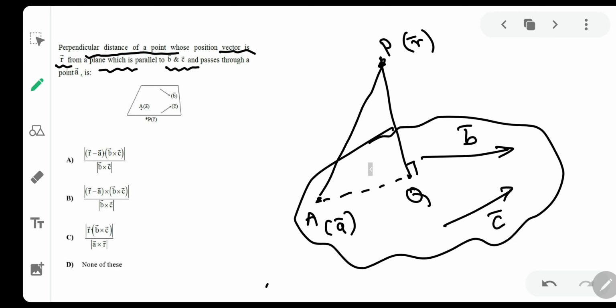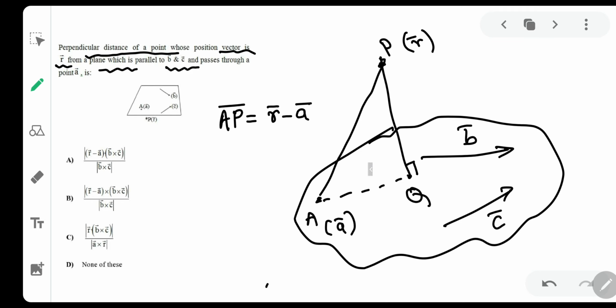So observe the triangle APQ. You will see that PQ is the perpendicular distance of the point P whose position vector is r bar from the plane. And what is AP bar? AP bar is nothing but r bar minus a bar.